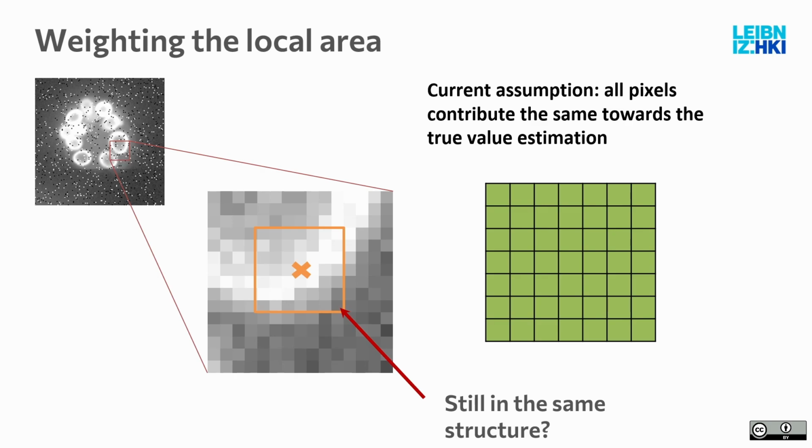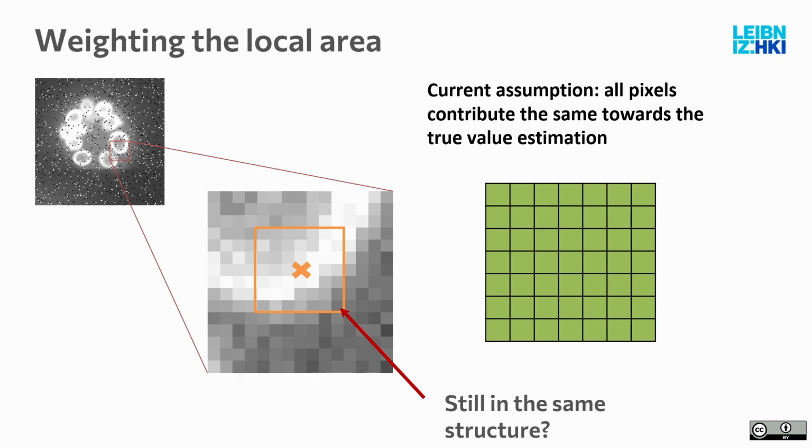What do you think: how likely is it that this pixel very close to the center that we calculate is contributing to the same structure as that one here? This one is very far away, and this one is closer. Yet in the calculations they contribute the same in the value estimation, and that's why we should really weigh them.